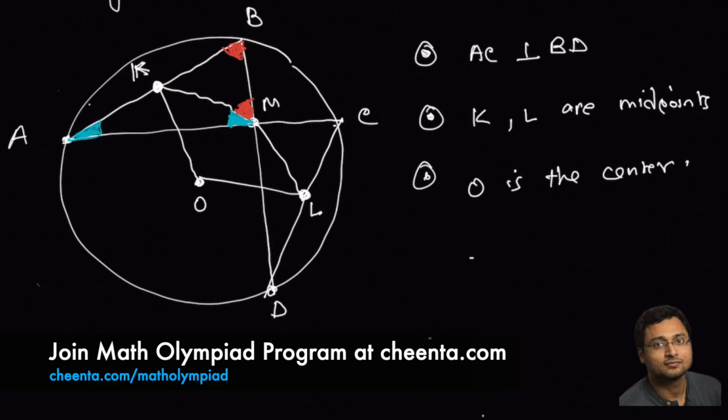Okay, now one more thing is that BC, this arc, subtends this blue angle on the circumference. So it will be also equal to this angle here, the other angle that it subtends. So other blue angle.